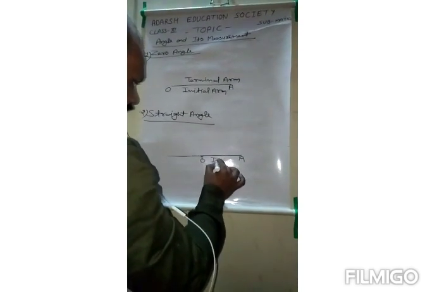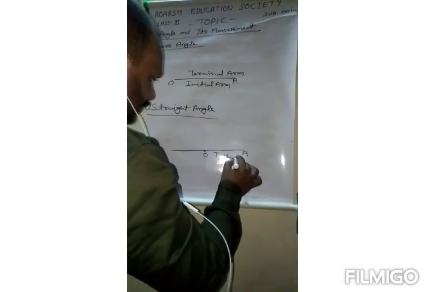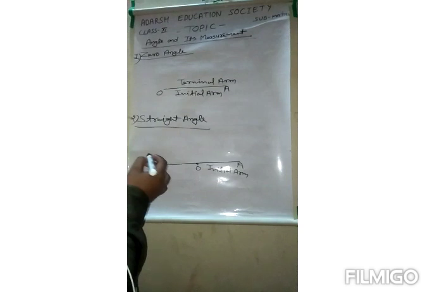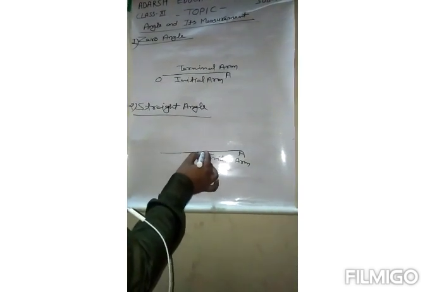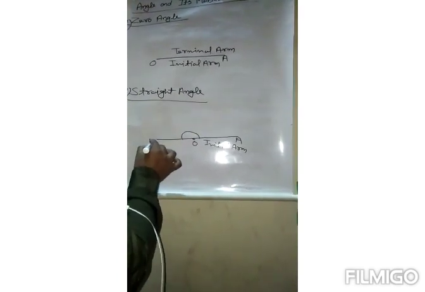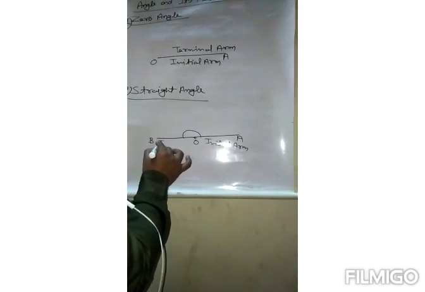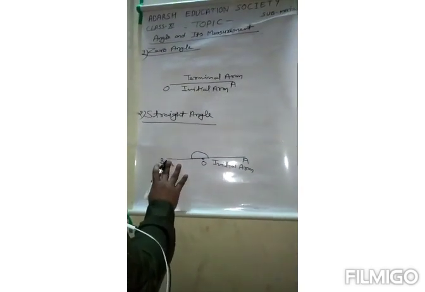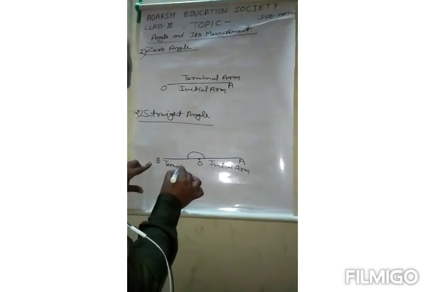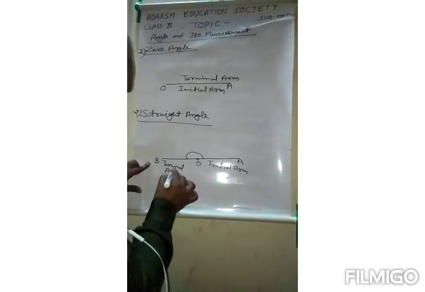Taking ray OA and considering this ray as an initial arm, now taking the sense of rotation towards the anti-clockwise or clockwise direction, completing a half cycle rotation, and considering ray OB as the terminal arm.